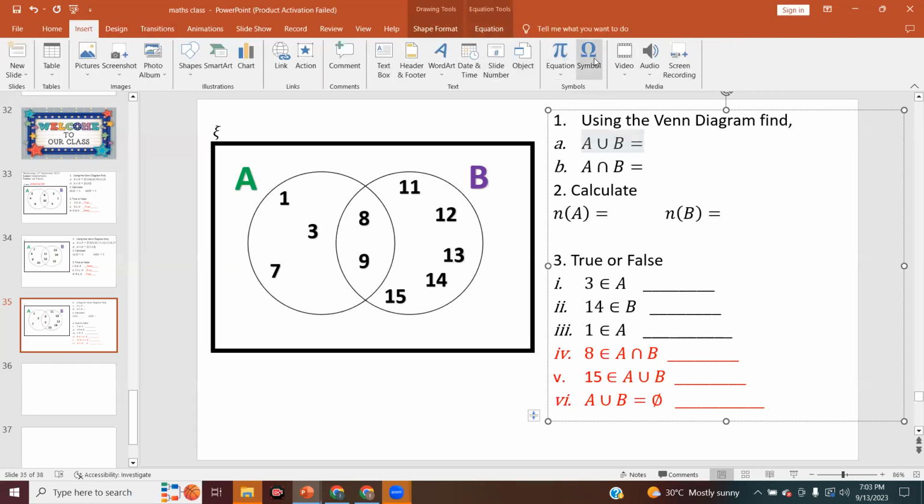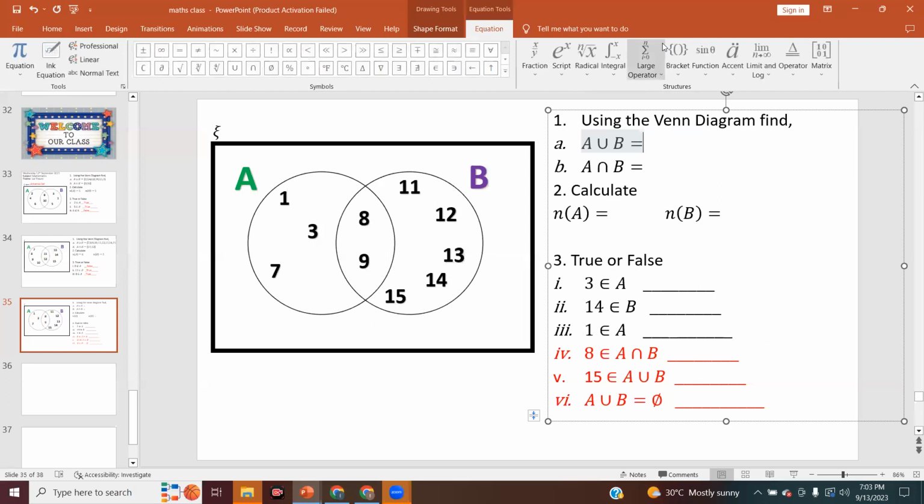So the union is going to be all those numbers combined, right? It doesn't have to be all in order, once you have all of them there: 1, 3, 7, 8, 9, 11, 12, 13, 14, 15.